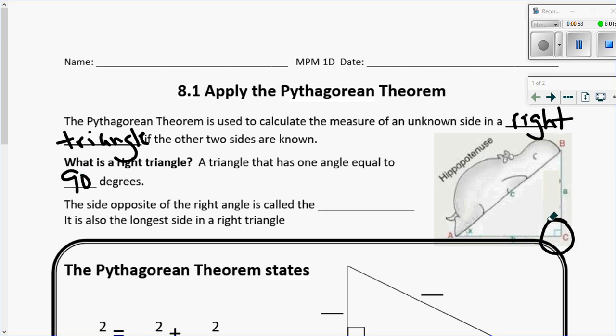That little square means 90 degrees. And without that 90-degree angle, you can't do anything, all right? The hypotenuse will just fall off. Now, the side opposite to the right angle is called the hypotenuse, and it is always the longest side in a triangle.